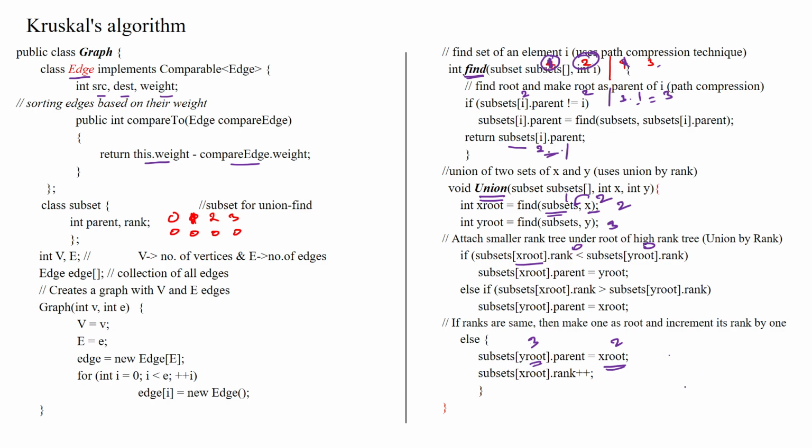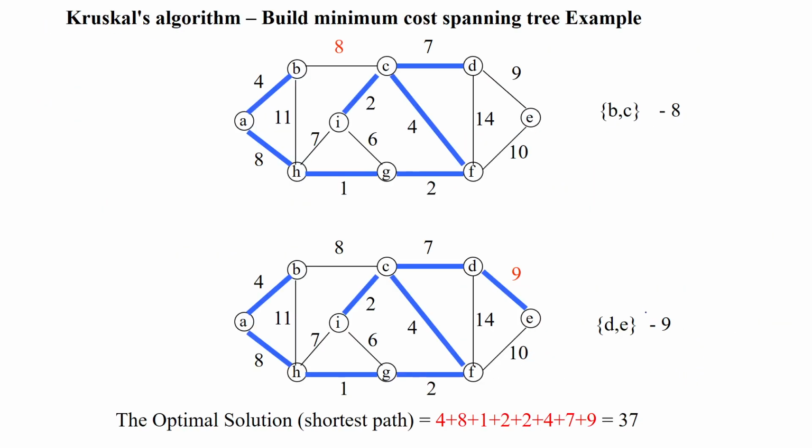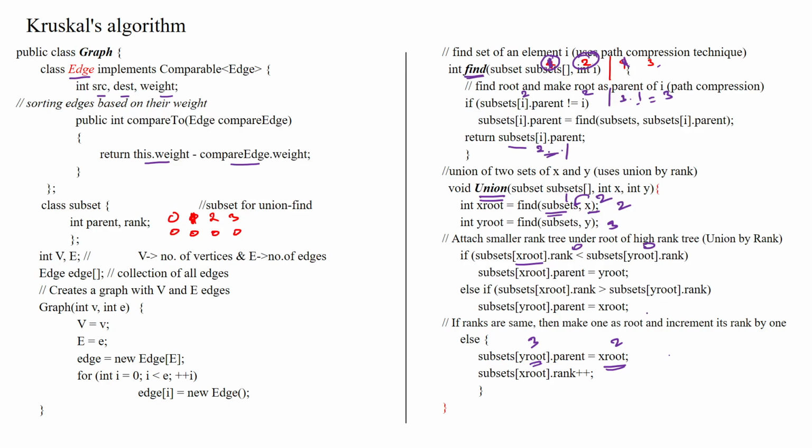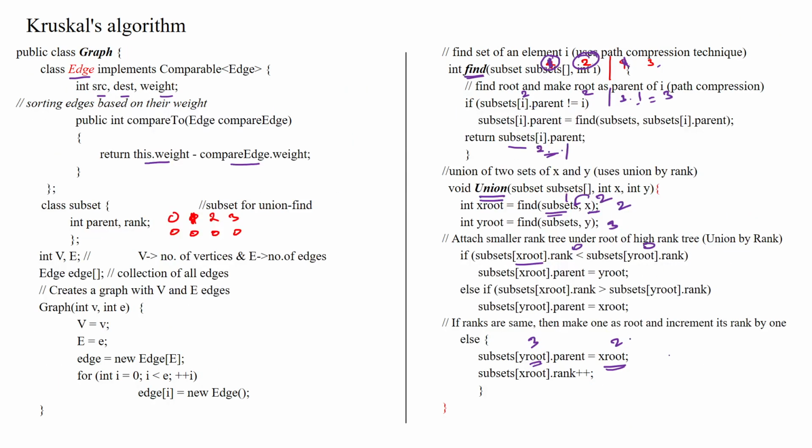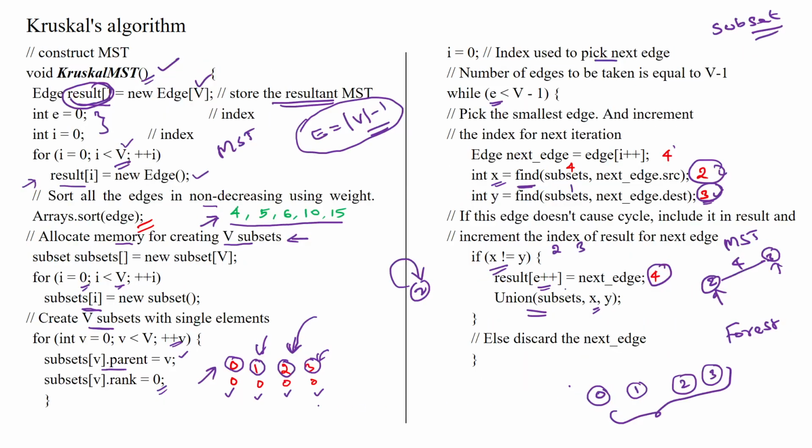You look at that, when you are looking at this graph, 2 is the parent for 3, that's what is given here. Then we are increasing the rank for 2 by 1. Already the rank for 3 is 0.